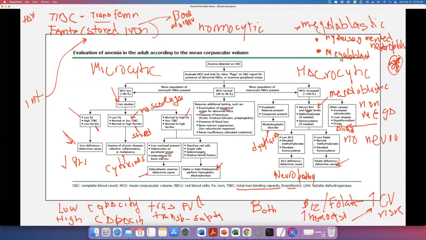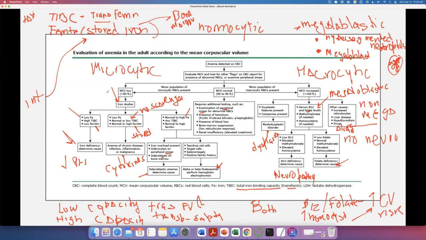Okay, so notice the steps. CBC, look specifically at the MCV. Depending on the MCV, we do either B12 and folate or iron studies.